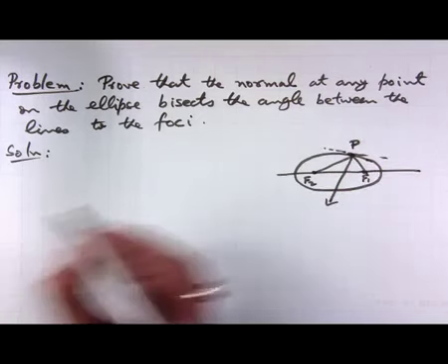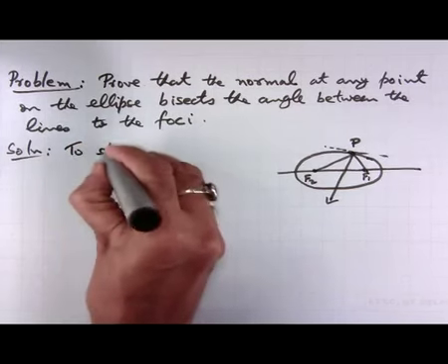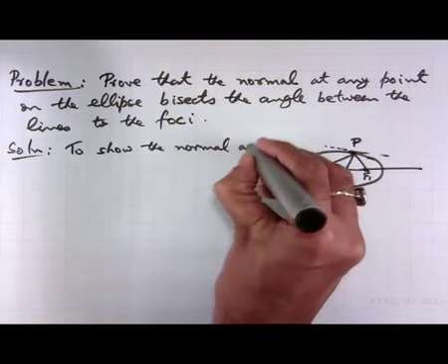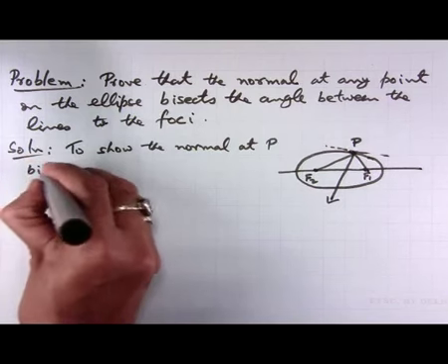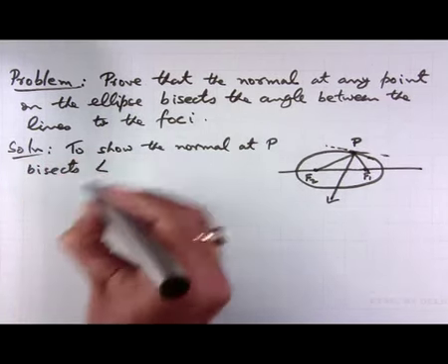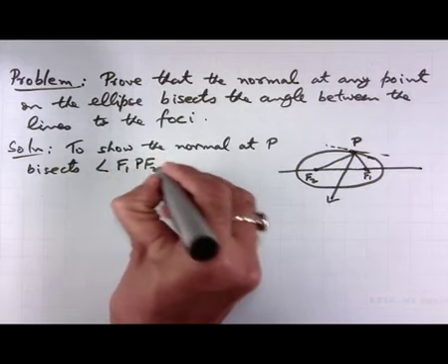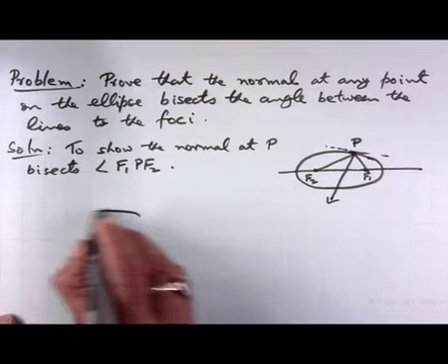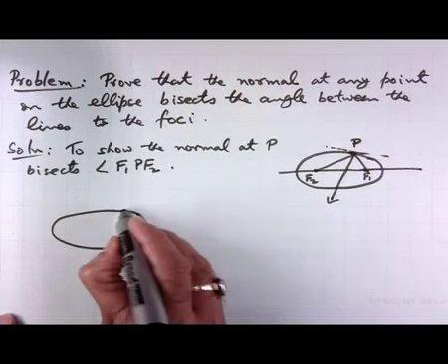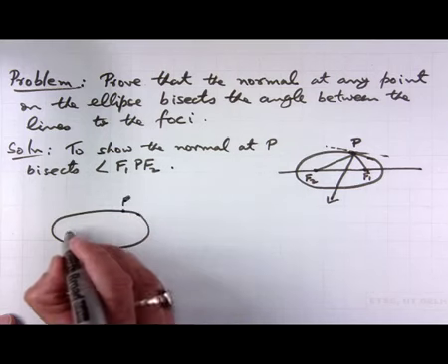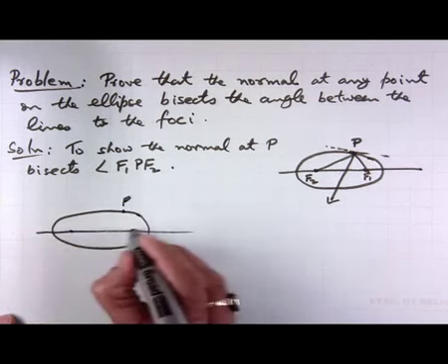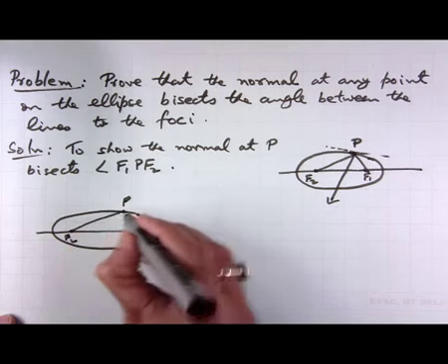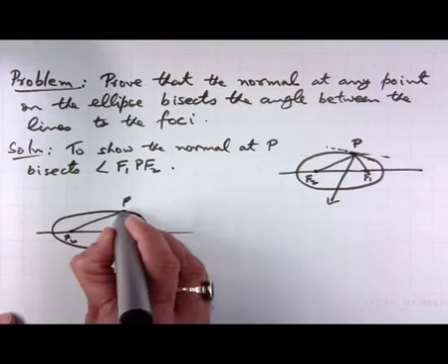this. So, to show the normal at P bisects angle F1 P F2, let us look at this ellipse and the point P and the two foci F1 and F2.